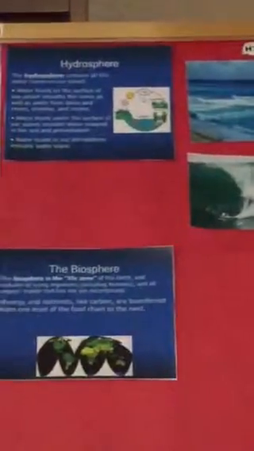This here shows the hydrosphere, which contains all of the water found in our planet. The hydrosphere also includes all the water trapped in the soil and underground water, and the water found in the atmosphere includes water vapor as well.